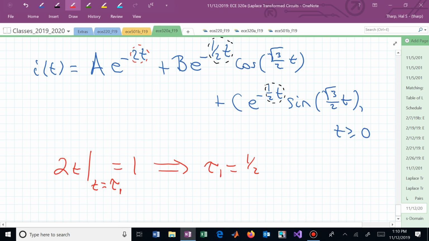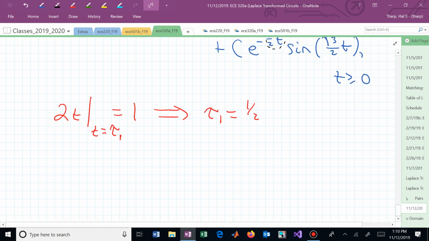And that's actually e to the minus 2t is much faster than e to the minus 1/2 t. You can kind of see those exponentials. The other one is now the 1/2 t. That one's now 2 seconds.